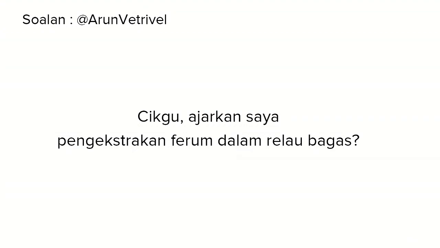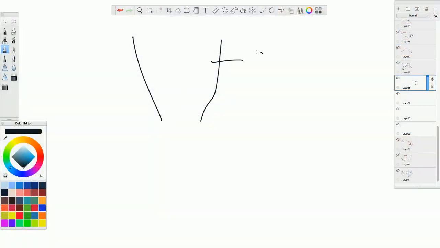Pengekstrakan ferrum dalam relau bagas. Okay, this one is not really in your syllabus, but I can teach you a bit. So this is basically blast furnace. Pengekstrakan ferrum. So it's like this. Kita letakkan ferrum oksida dan banyak karbon.